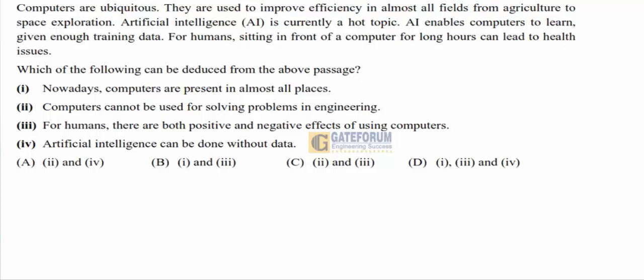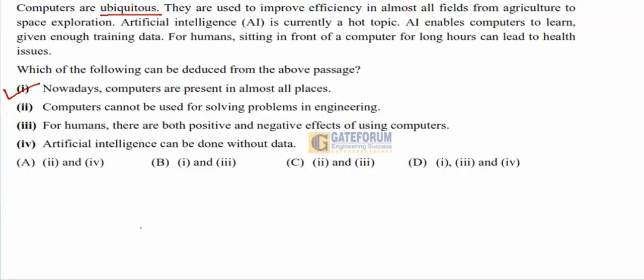Let us check. Number 1 is, nowadays computers are present in almost all places. We will immediately say that this is absolutely correct, because it has been said computers are ubiquitous. The next one, computers cannot be used for solving problems in engineering.